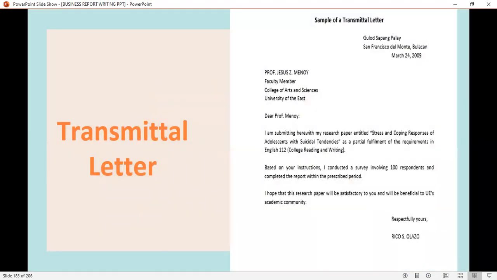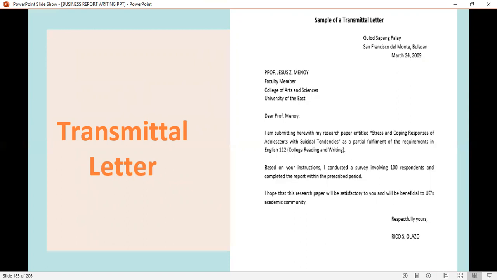And then example of transmittal letter. So this one, I am submitting here with my research paper. This is for school also. Entitled Stress and Coping Responses of Adolescents with Suicidal Tendencies as a Partial Fulfillment of the Requirements. Ayan. Based on your instructions. So this is a transmittal letter for example of a student, submitting his research paper.